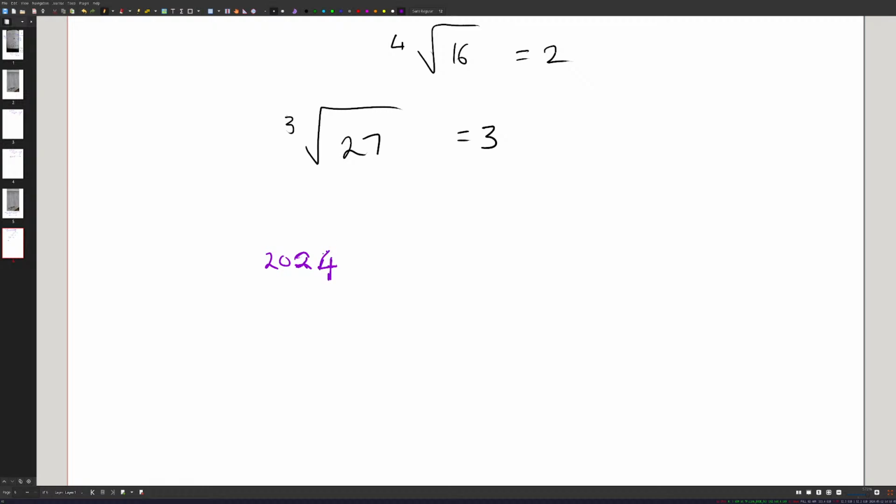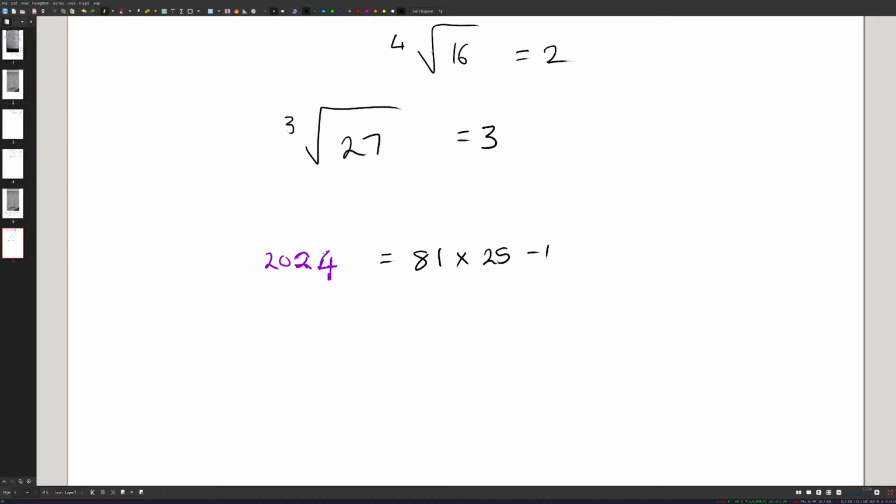I don't really feel like dividing by 24, but dividing by 25 isn't too bad. So 100 is 4 times 25, so 2025 is 81 times 25. So 2024 is 81 times 25 minus 1, I think that's right.